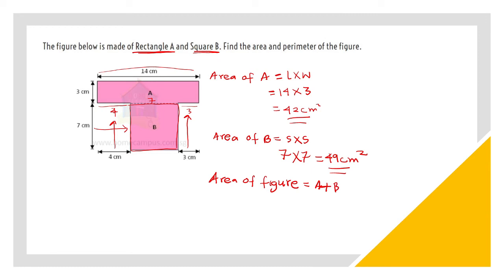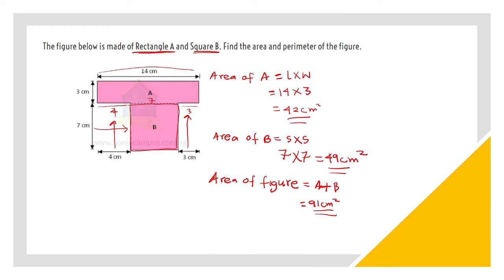What is our B? 49, right? 9, 10, 11. You get 91, right? So 42 plus 49, what do you get? You get 91 centimeters square. All right, now we are done finding the area of that whole figure.